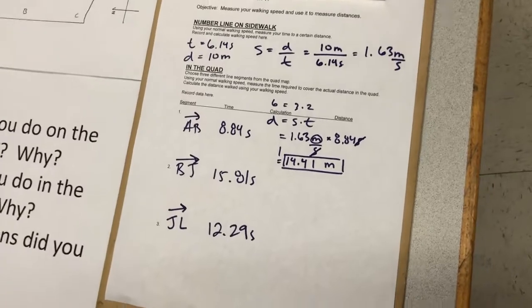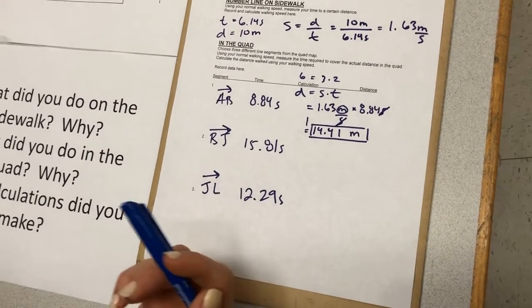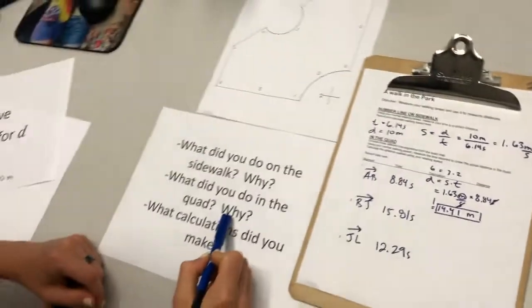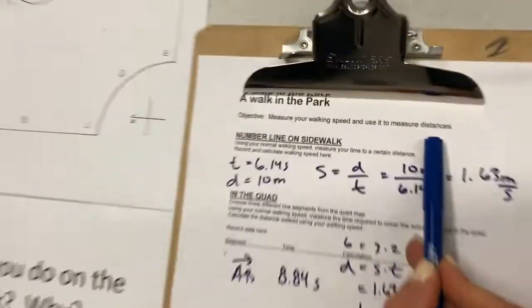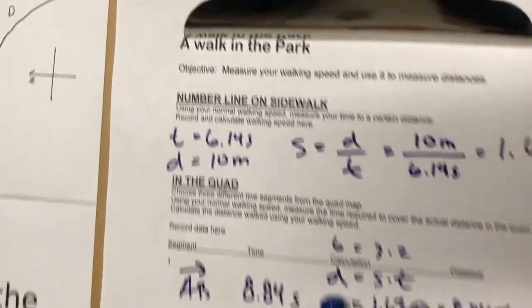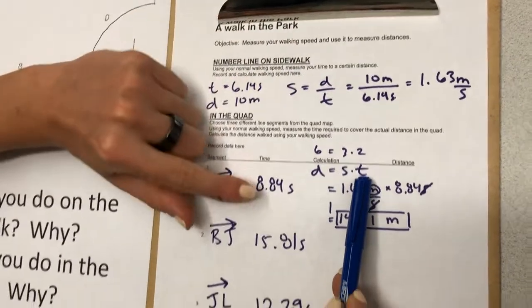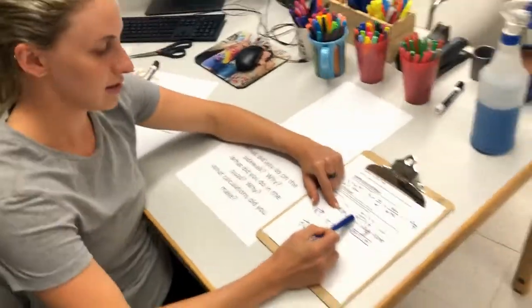During that time, I also used the timer to measure how much time it took. Why did I do this? The goal is to measure our distance, and in order to measure distance, we need speed, which we calculated up here, and our time, which we measured right here. So we needed the time in order to calculate the distance.